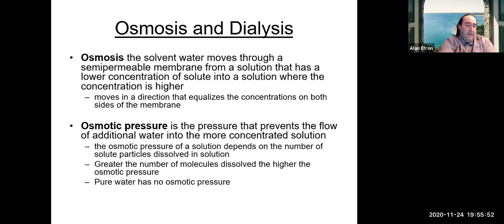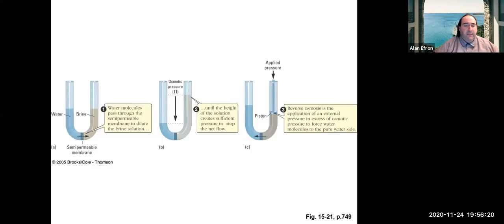Osmotic pressure is reached at the point where the atmospheric pressure pushing back down stops that natural flow of solvent molecules from one side to the other. The greater the number of molecules dissolved, usually the higher the osmotic pressure. And as I mentioned before, pure water, which has nothing dissolved in it, has no osmotic pressure associated with it.